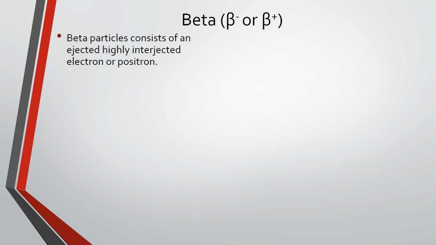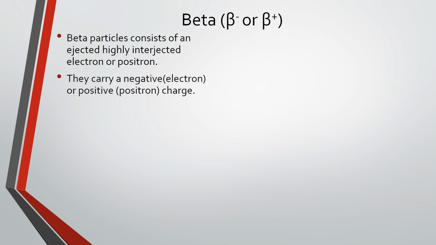Another particulate form of radiation is a beta particle. It consists of an ejected, highly energetic electron or positron. They carry a negative charge, an electron, or a positive charge, which would be called a positron.